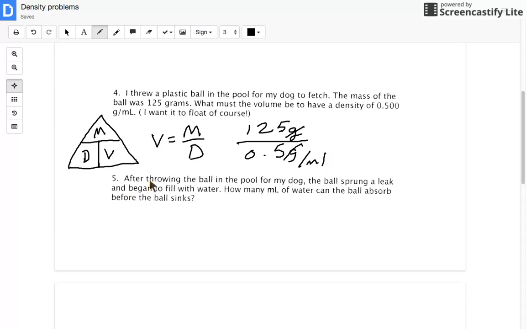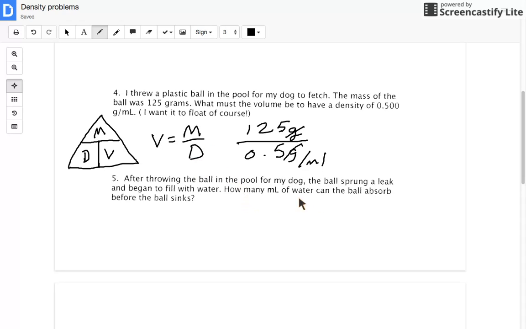Now, for number five, it wants to know how many milliliters of water the ball can absorb before the ball sinks. So it's still a volume question. It wants to know how many mils, so we're going to still use the same equation. The ball is not going to change its mass. It's still going to be 125 grams. That leaves us with the question of what the density is going to be.